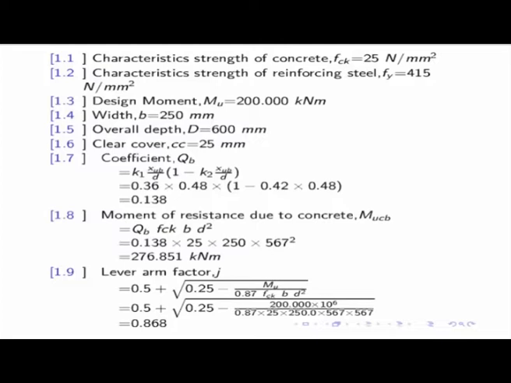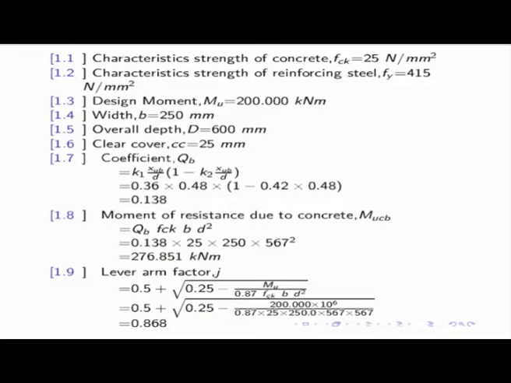And this moment of resistance due to concrete will be Qb into Fck bd square, which is nothing but 0.138 Fck bd square, so 276.851 kilonewton meter. As you can see, this value is 276, which is greater than 200.